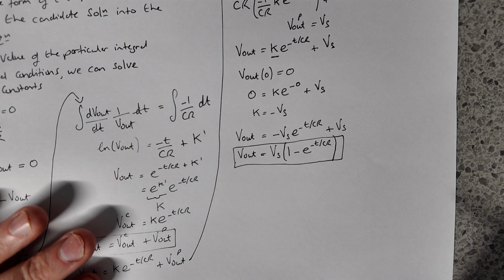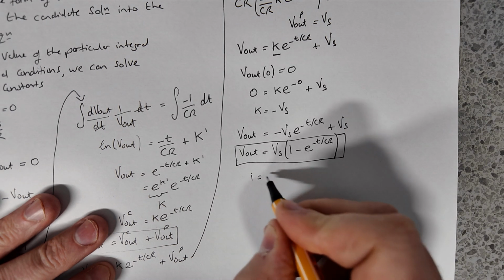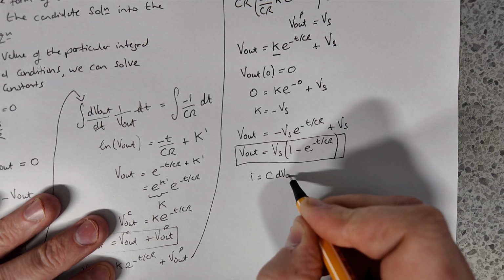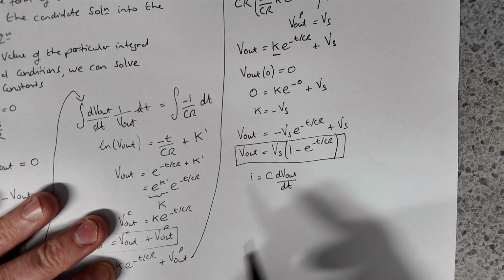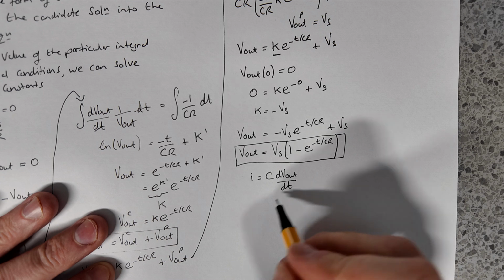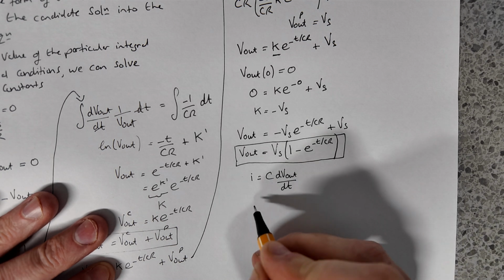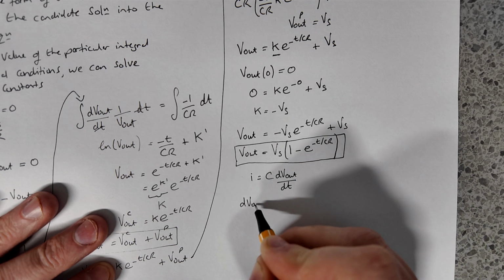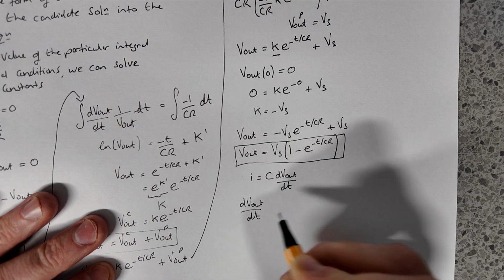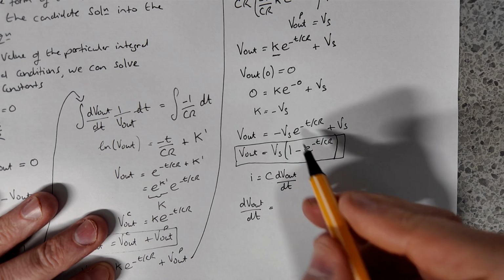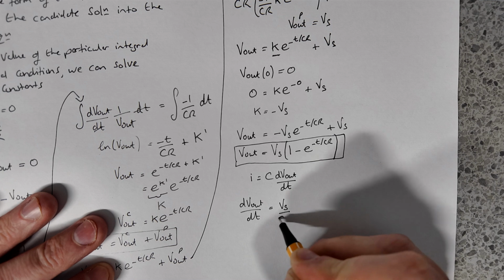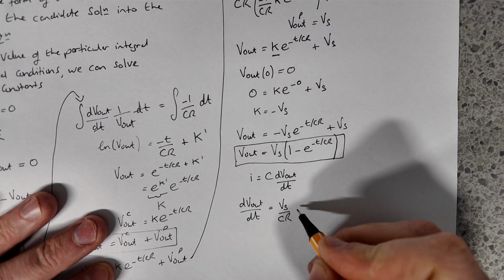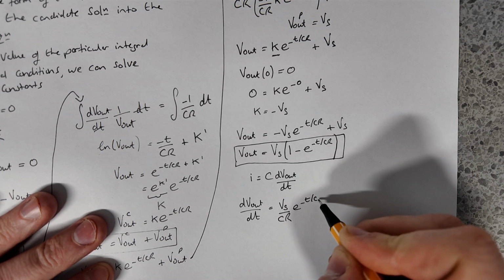Now what about the current? Well, that is just this expression. So if we differentiate this, C dV out by dt, we've already done it. dV out by dt is just going to be Vs over CR e to the minus t over CR.